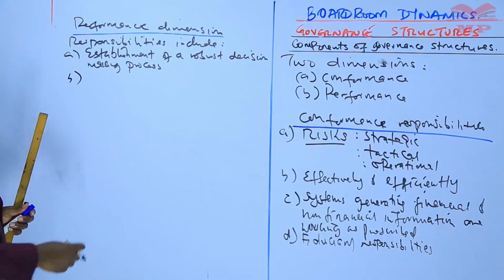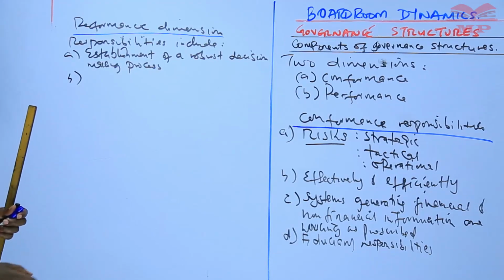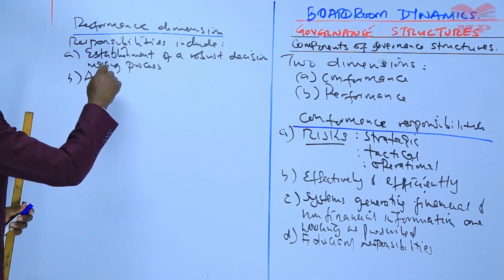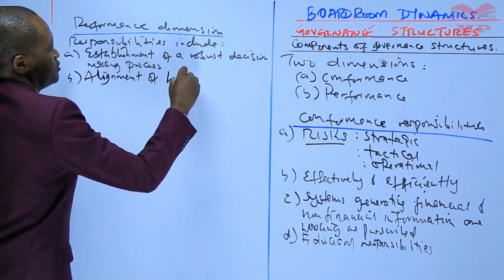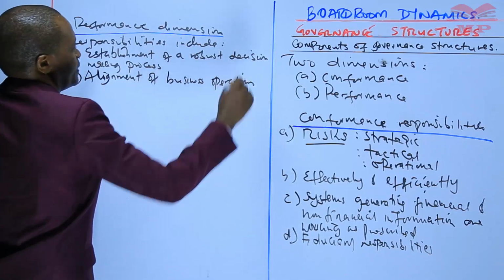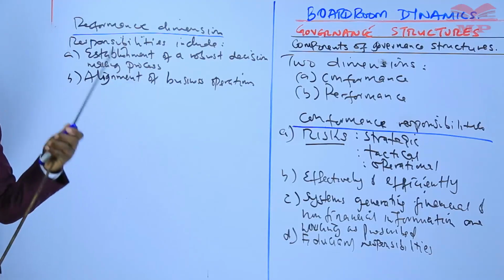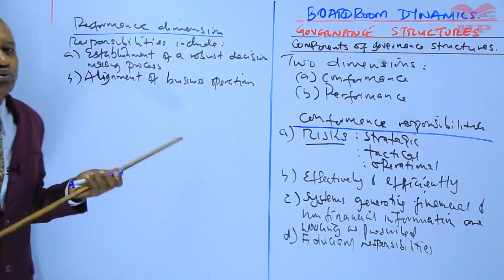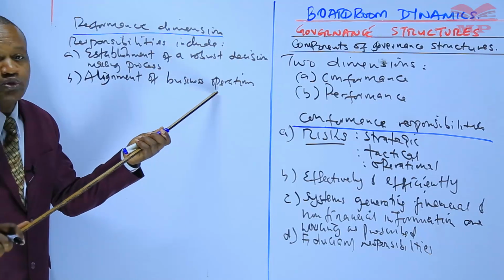Responsibilities under the performance dimension also include alignment of business operations. Alignment of business operations and resource utilization with strategic direction. Alignment of business operations with what?